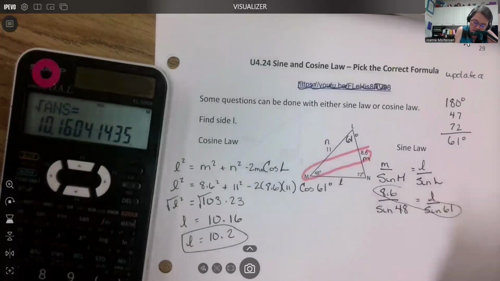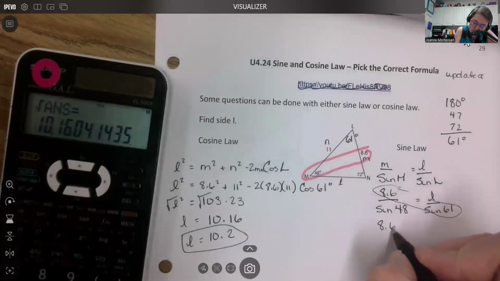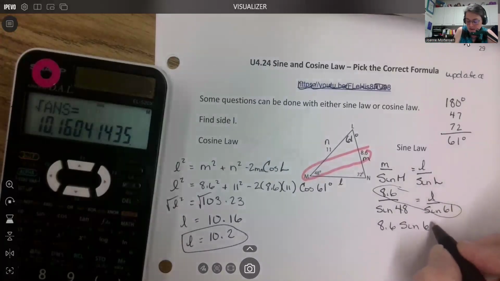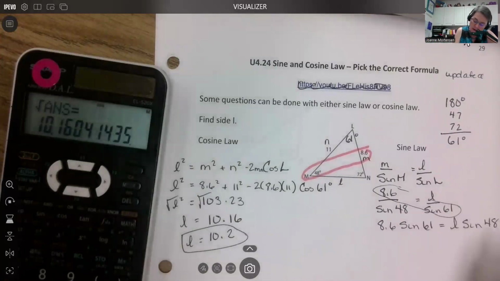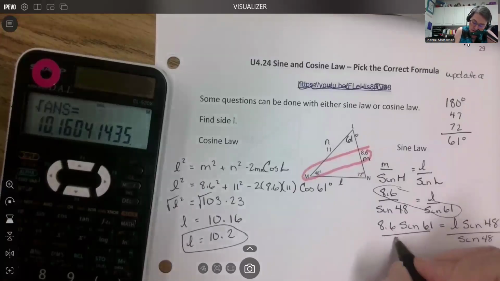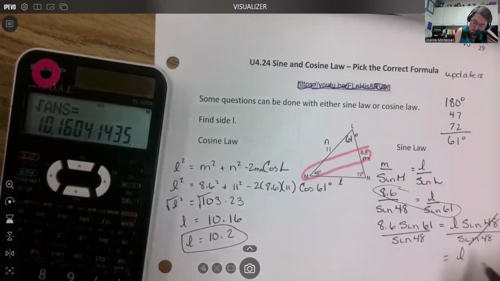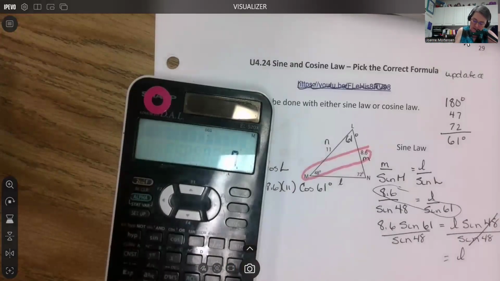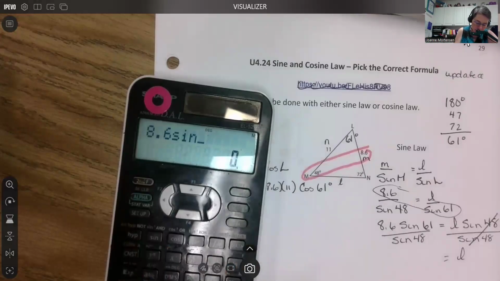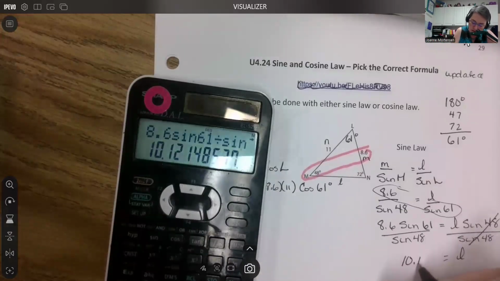Cross multiply: 8.6 sine 61 is equal to l sine 48. Divide both sides by sine 48. You guys know the pattern. Sine 48 gone. So l equals 8.6 sine 61 divided by sine 48, which is 10.12.